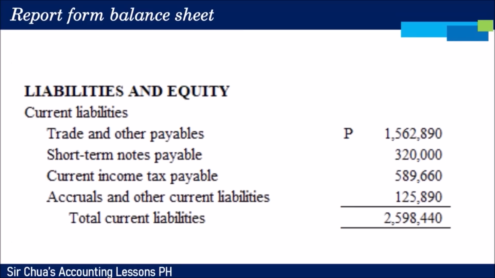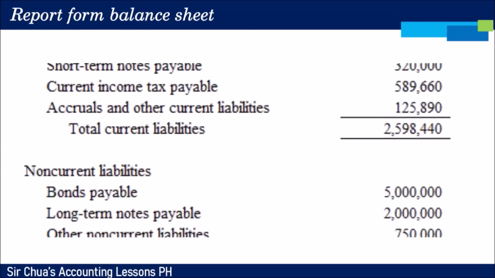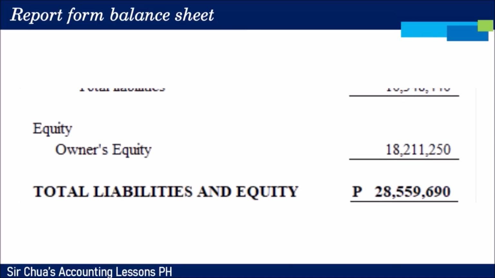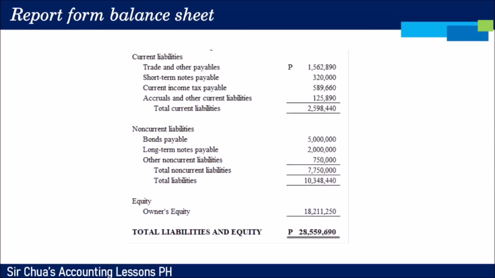Tapos, dediretso tayo ng current liabilities. And then, ito naman po yung inyong non-current liabilities. And then, ito naman po yung equity for total liabilities and equity of 28,559,690, which is equal sila, di ba?